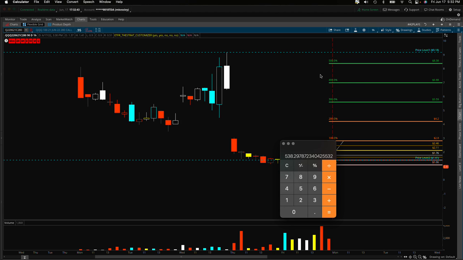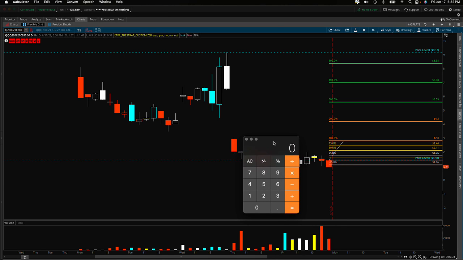So 538%. Let's say we buy 3 contracts, so it'll be 1.41 times 3, so we'll spend $423. If we're able to make $9, we'll say 9 minus 1.41.